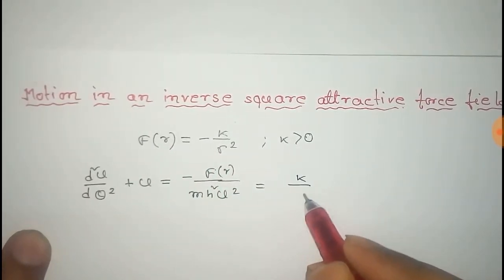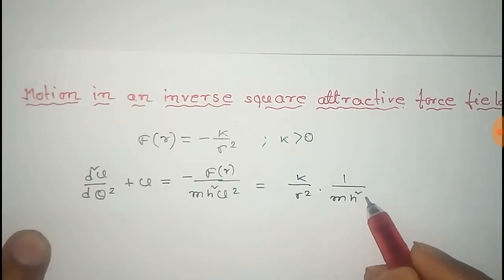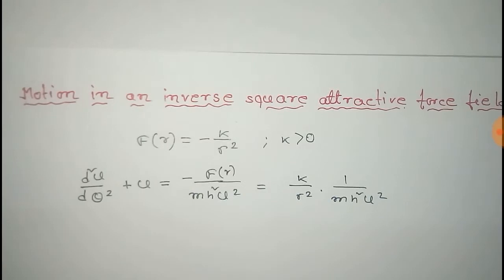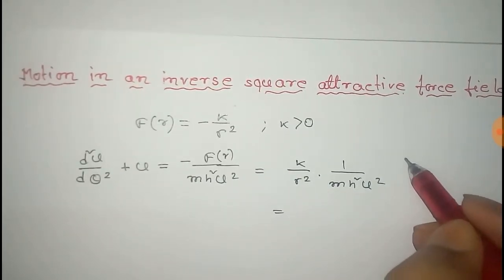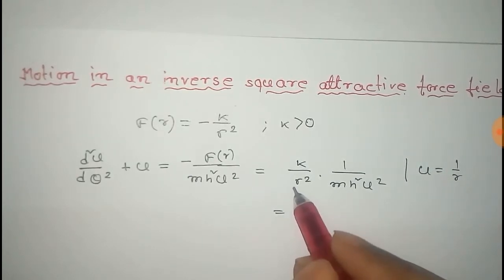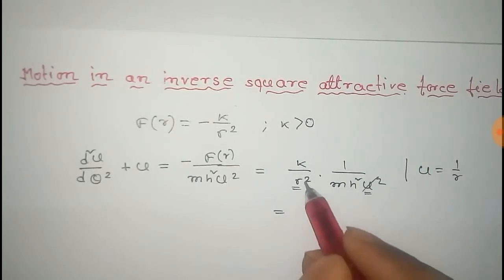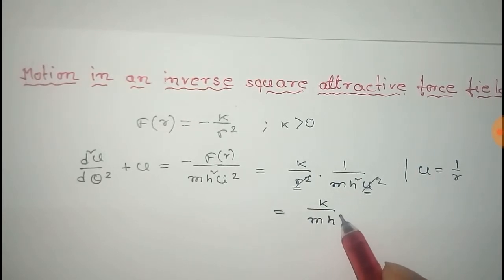So putting the value of f of r, we get k by r square into 1 by m h square u square. Since we have considered that u equals 1 by r, this r square and u square will be cancelled and the remaining is k by m h square.